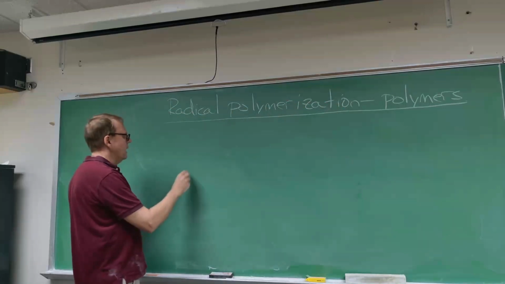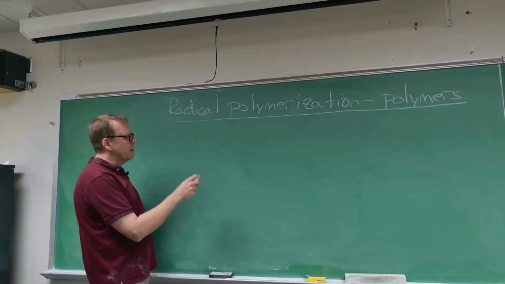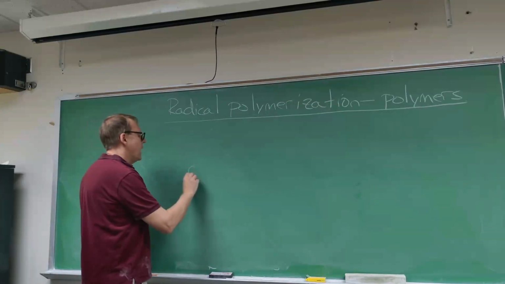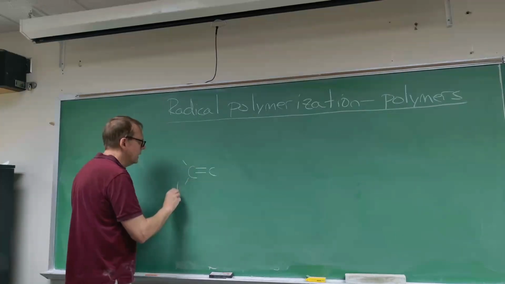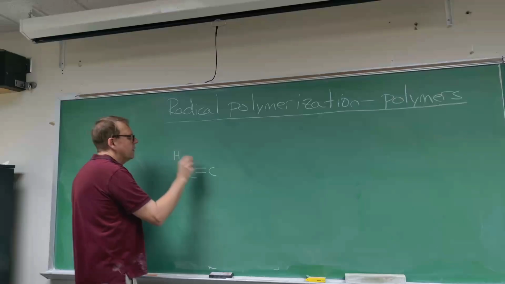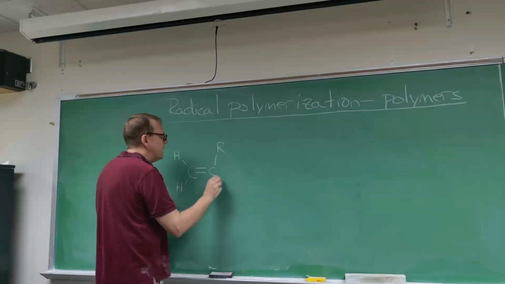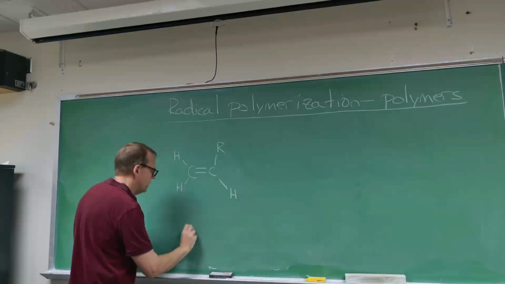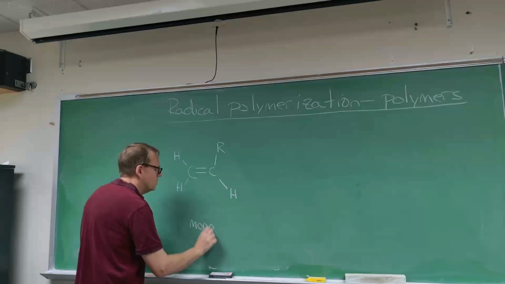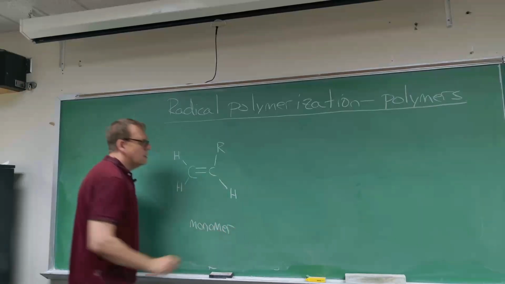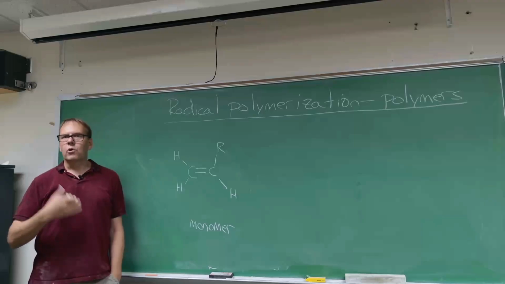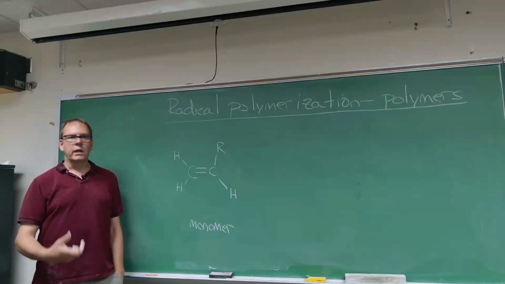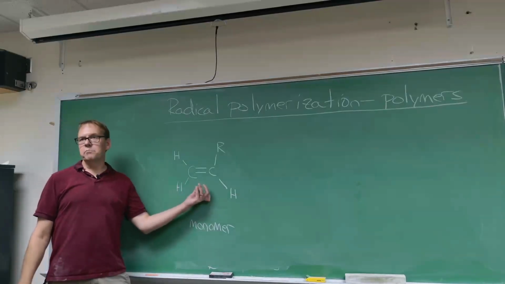So here is a scheme of what can happen and how these polymers, these plastics, get made. They all start from alkene monomers. So the monomer is the starting material that's going to form the big, long molecule. Think of these as the beads that haven't yet been put on a string.